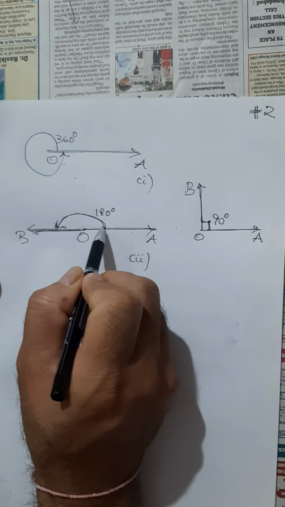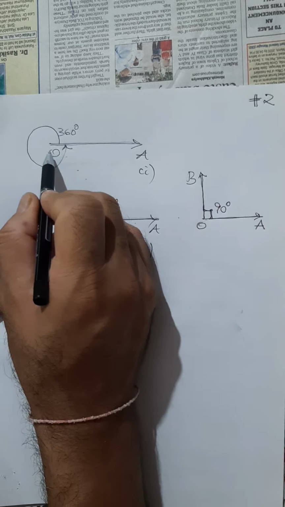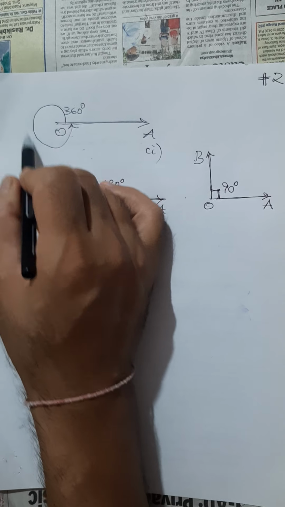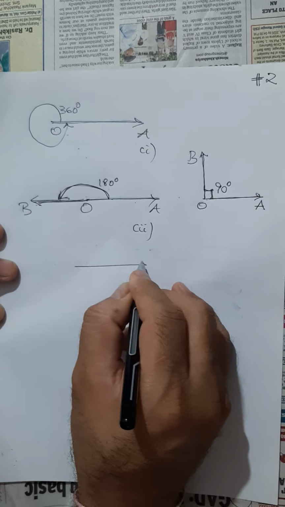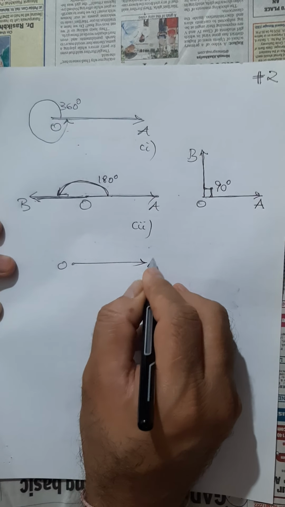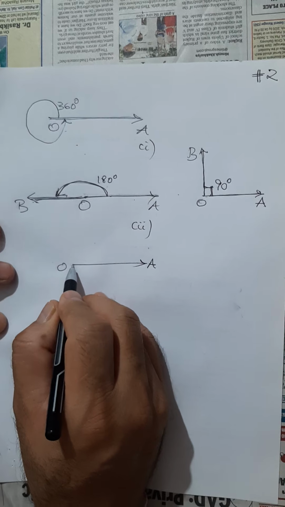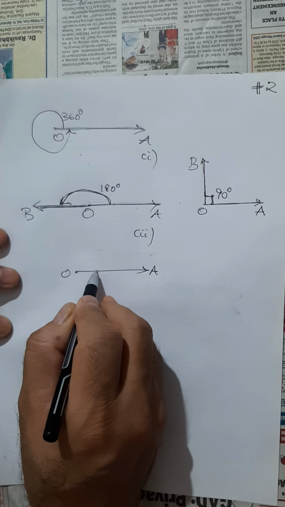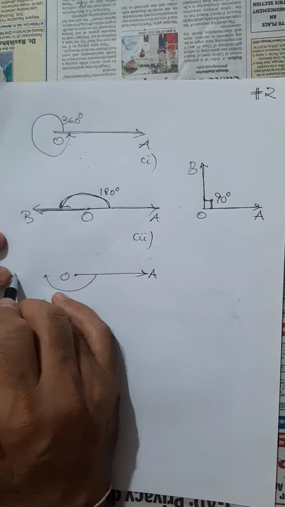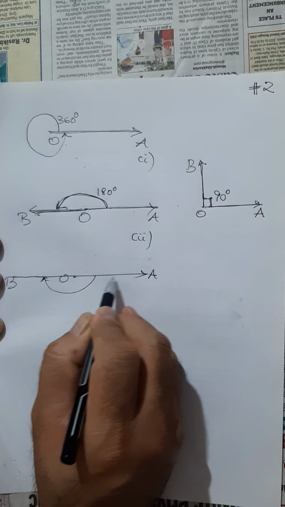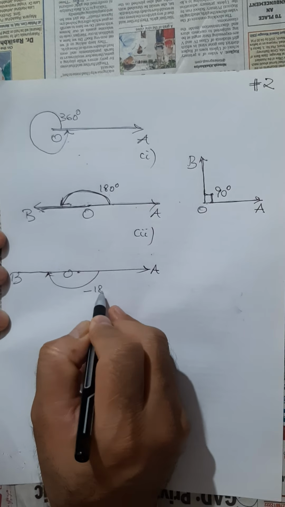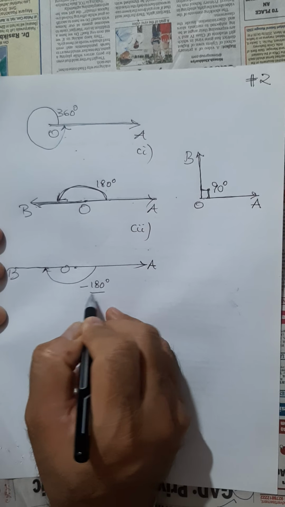Here the measure of angle is 180 degree. Here the measure of angle is 360 degree. If I take this as an initial ray, now I'll move in this direction like this. If I come to this position here, this is half rotation, but it is in clockwise direction. So this is minus 180 degree.